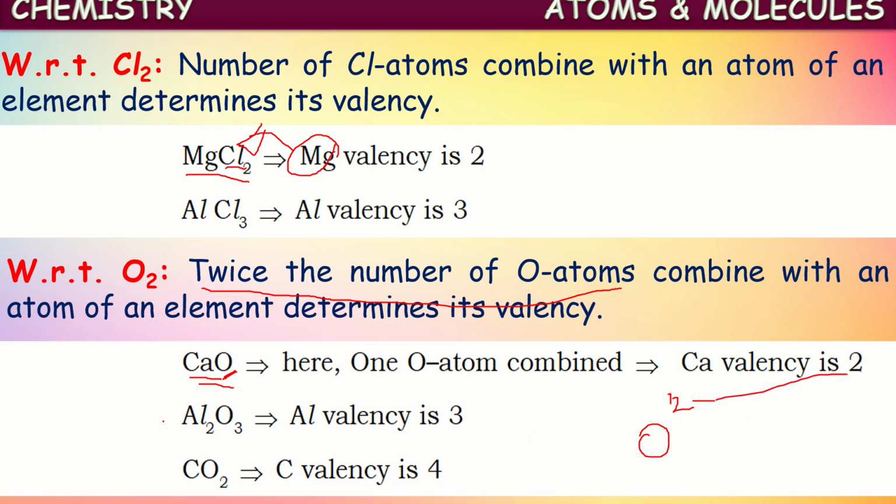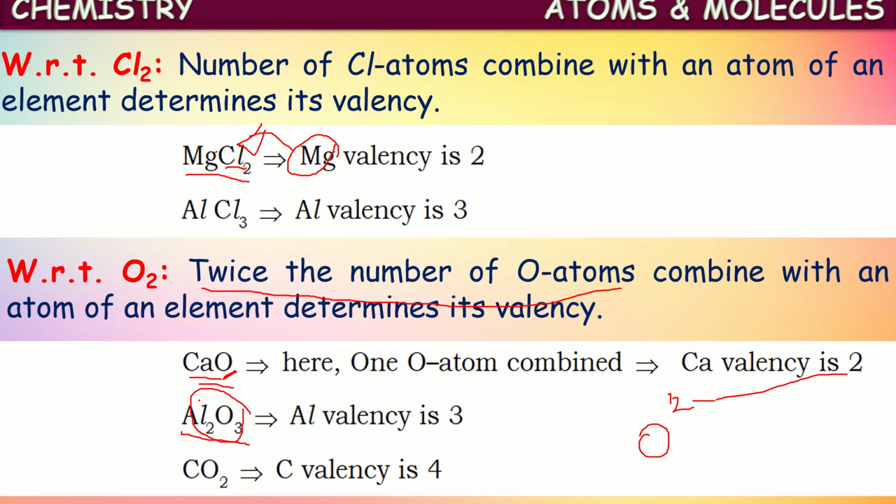Now aluminium oxide. In this, two aluminiums combine with three oxygens. Within the aluminium oxide molecule, how many oxygens are there? Three oxygens. Twice this number: 3 twos are 6.